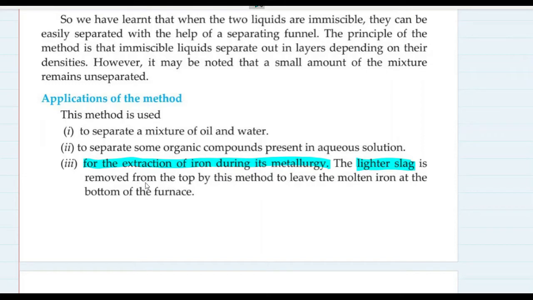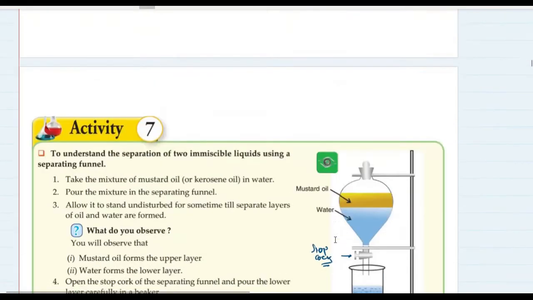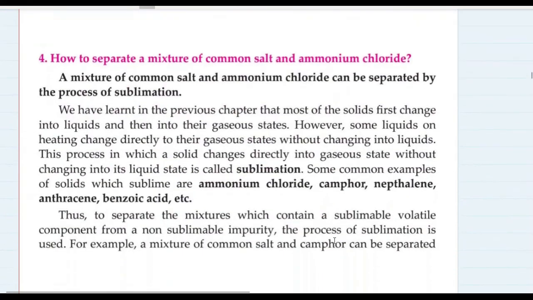It is removed from the top by this method to leave the molten iron, which is pure molten iron, at the bottom of the furnace. So lighter slag floats on the heavy molten iron, and it is removed by the process of separating funnel, and that is one application of this process.